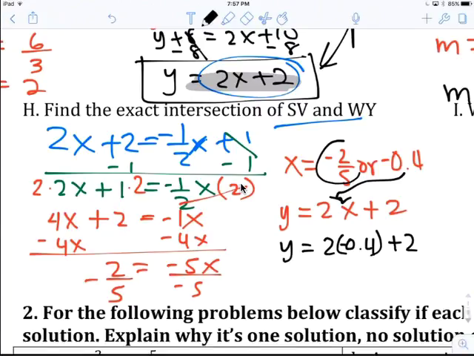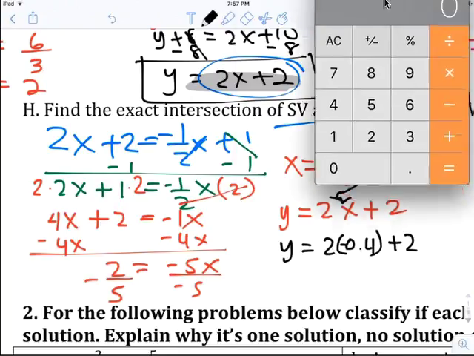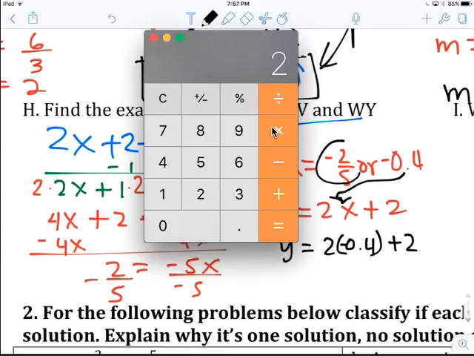Use your calculator. You should be able to use your calculator here and put this number in there. 2 times negative, oh, that's a positive. 2 times negative 0.4 plus 2, 1.2.